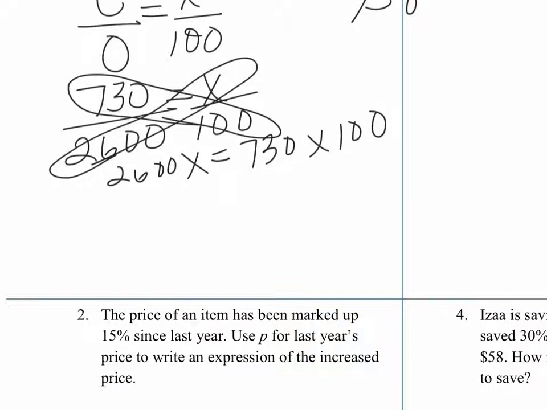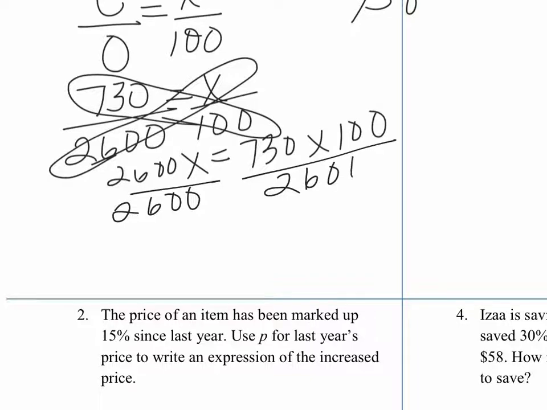You will divide both sides by 2,600. The 2,600 over 2,600 cancel. That will leave you with the value of x.